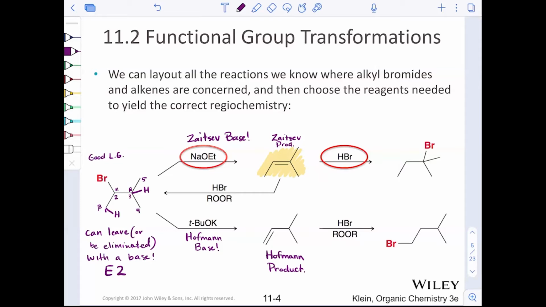Now, we see in our counting here that the Zaitsev product is better because, remember, the new bromine that we had in our product was on carbon 3. So we need our alkene to be joined to carbon 3, all right?